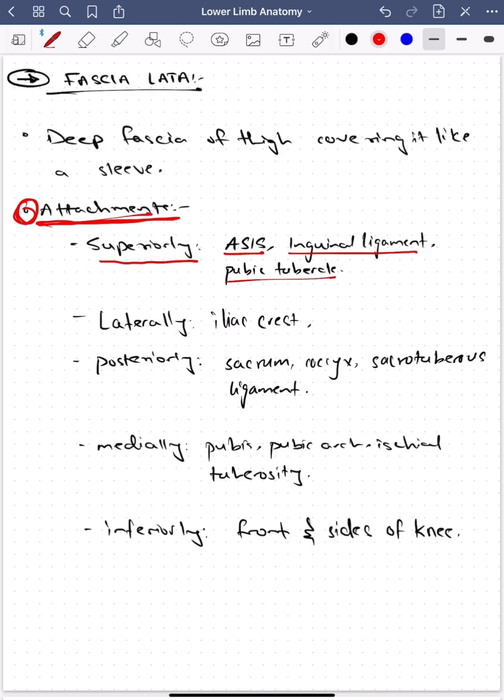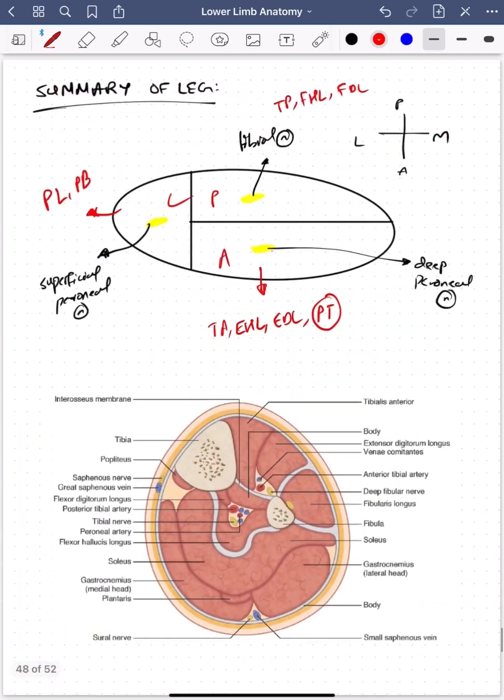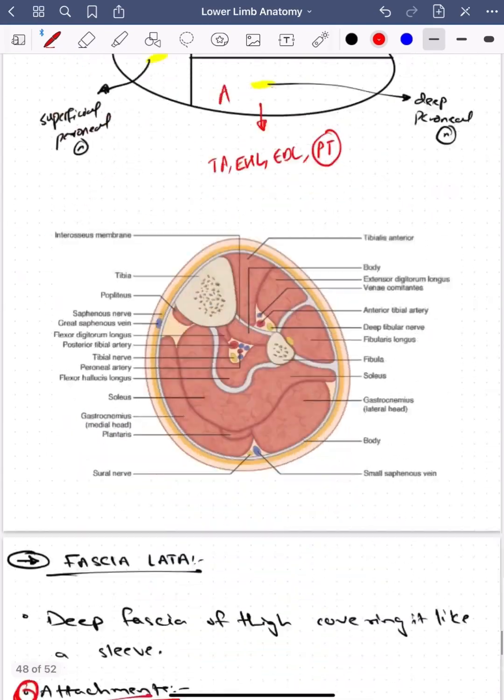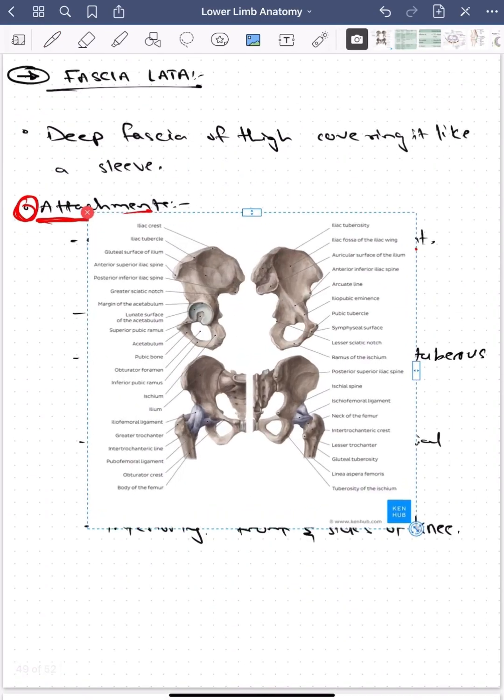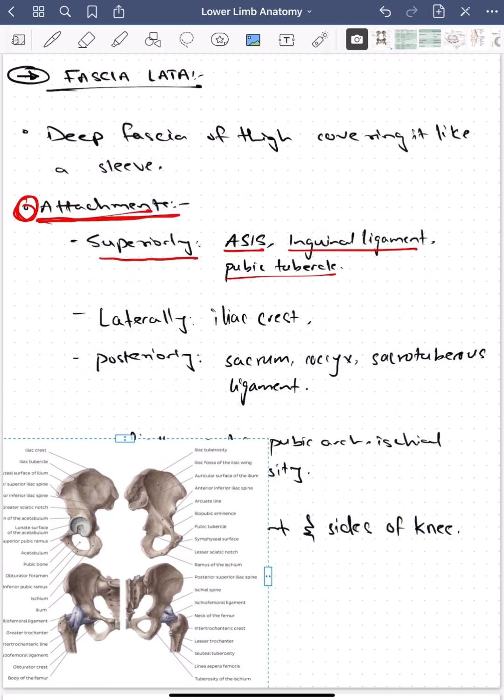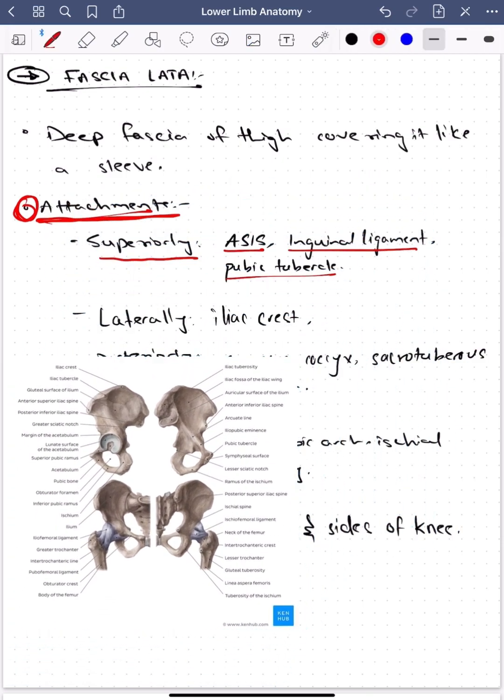Okay, you see this here. So I'm going to put a pin here and at the pubic tubercle, and the ligament between these two, that is the anterior superior iliac spine and the pubic tubercle, is the inguinal ligament. So that is what I've drawn here. These are the first two pins that we're going to attach superiorly.